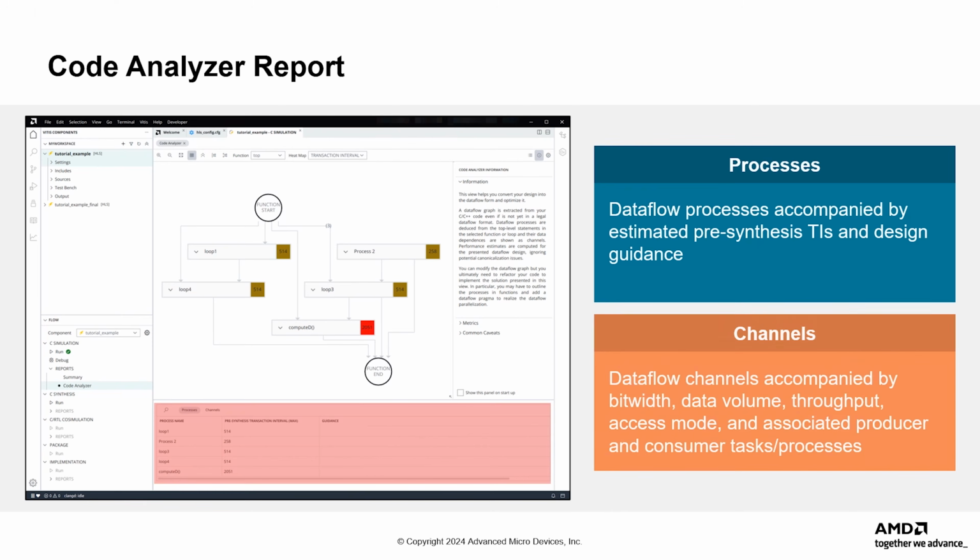The Channels section presents data flow channels entering and exiting each process in distinct rows. Channels are named after their defining variables, accompanied by details such as bit width, anticipated data volume, expected throughput, access mode, and associated producer and consumer tasks, also known as processes.